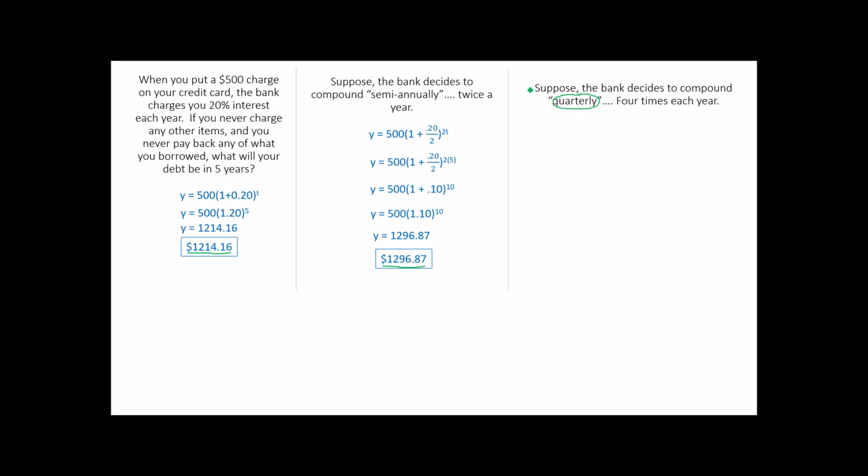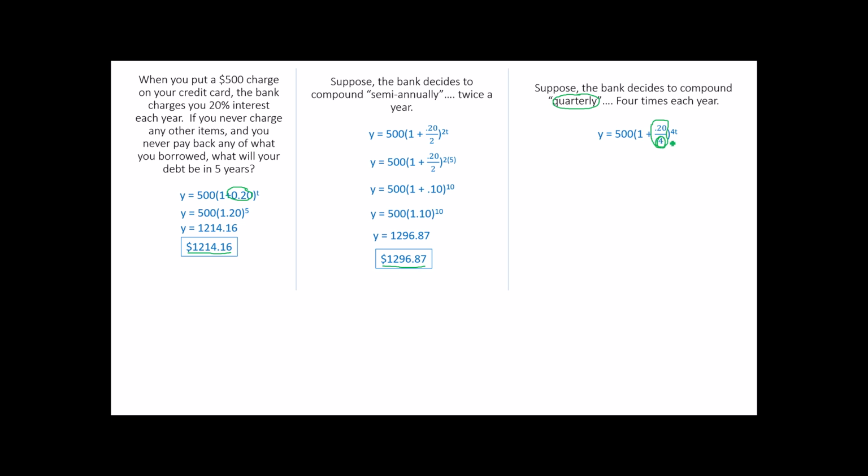Quarterly means divide the year into fourths, or compound 4 times a year, which means instead of charging me 20% like we originally did, we're going to take that 20% and we're going to divide it into 4 equal sections.